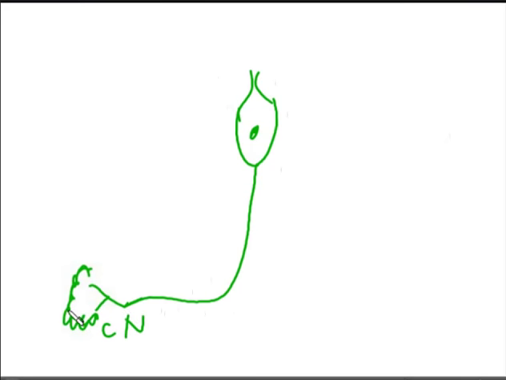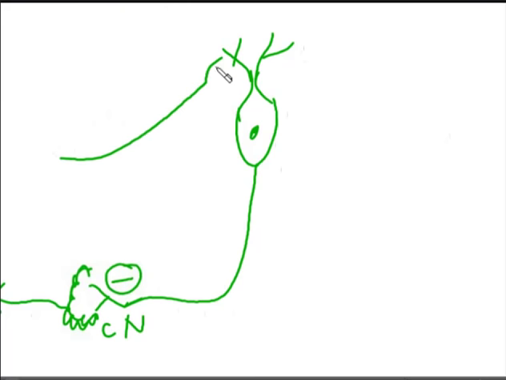The influence of the Purkinje cell on the central nuclei is inhibitory, and these are the dendrites of the Purkinje cell. The climbing fibers come and synapse on this, so these stimulate it, and then we had those mossy fibers which went up, synapsed on certain cells here, and these came here and synapsed here. Their influence also is to stimulate the Purkinje cell.